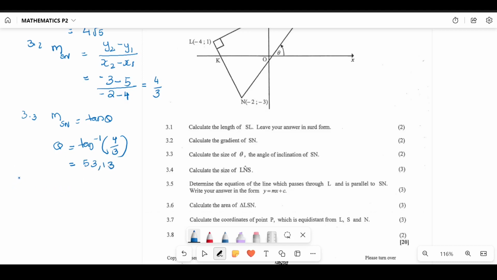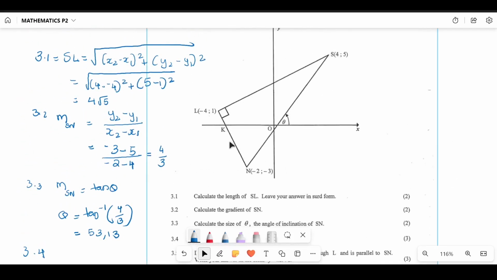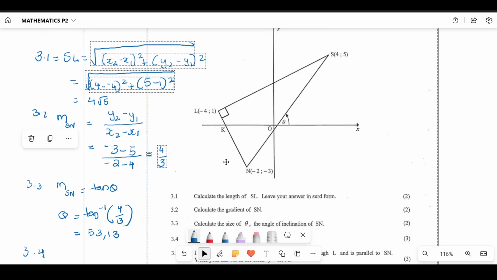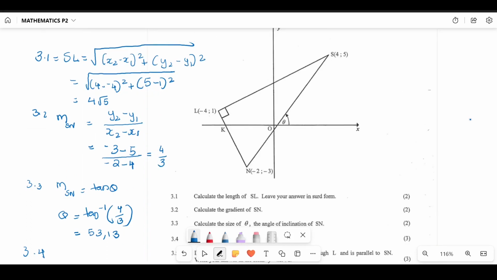Okay, now you are asked to find the size of angle LNS. So let's go to the diagram to see where LNS is. So this is the angle that you are asked to find. Let me just call it N then. When you are asked to find an angle here, look at the angles of inclination.